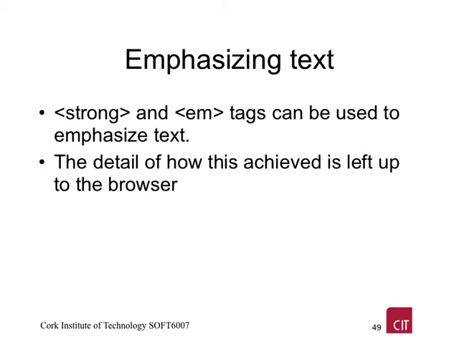Strong and M for emphasis, they tell you something slightly more subtle. There's more information in there. Now, it may turn out, and typically most browsers will represent strong and M as bold and italics.